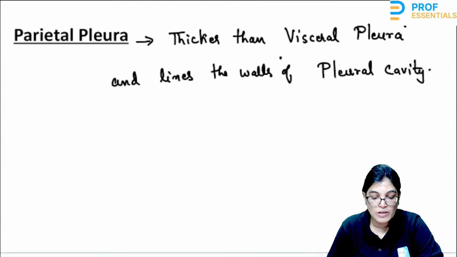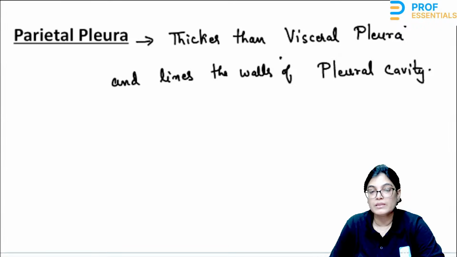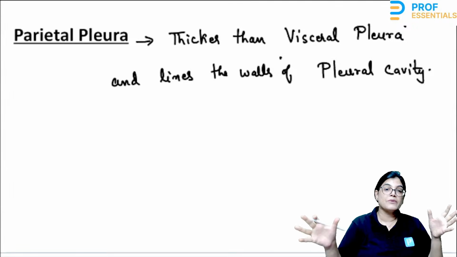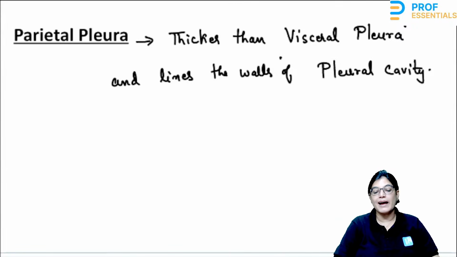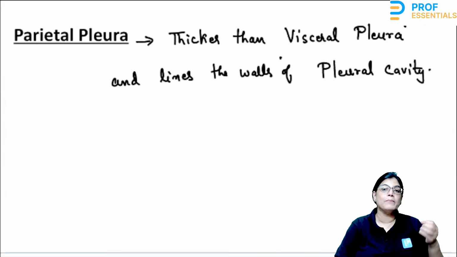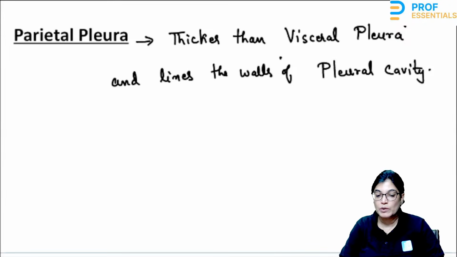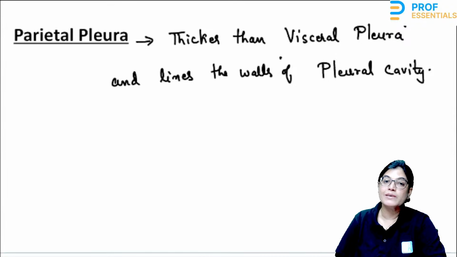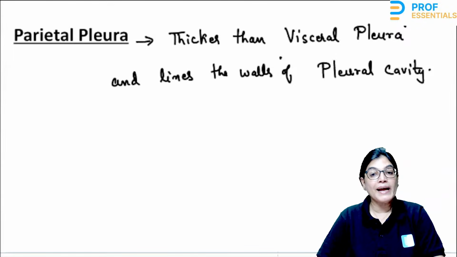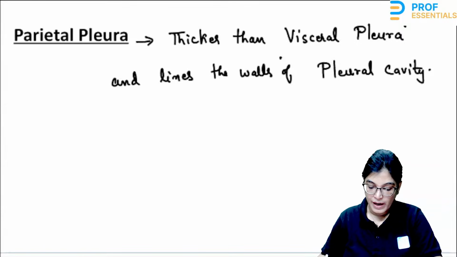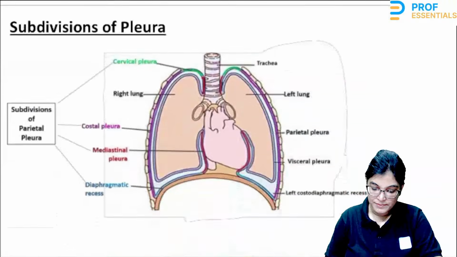Now, for the purpose of description, according to the surface to which the parietal pleura is attached, it is divided into four parts. It is called costal pleura, mediastinal pleura, cervical pleura, and diaphragmatic pleura. So it is important that you know the parietal pleura has four parts.